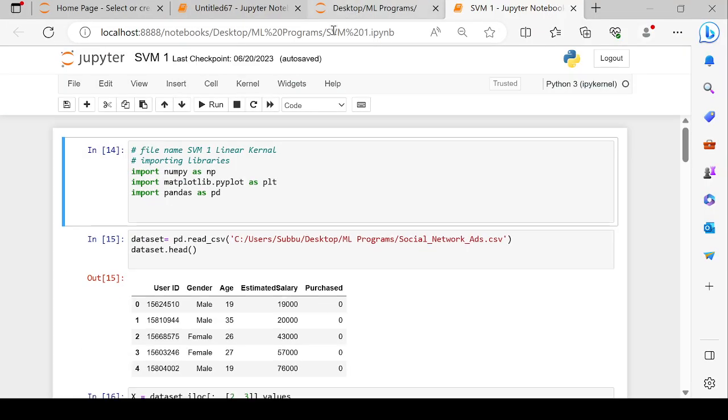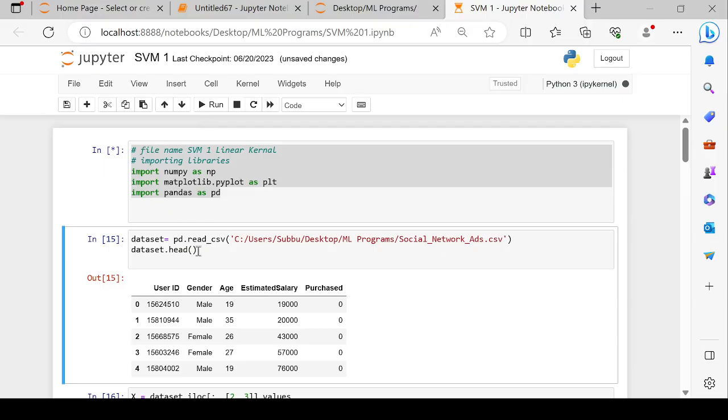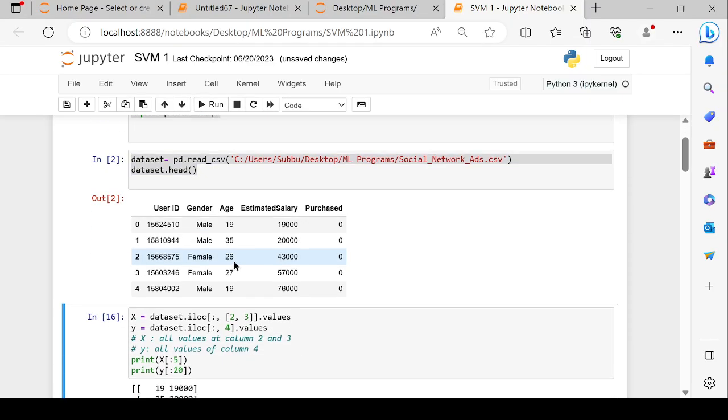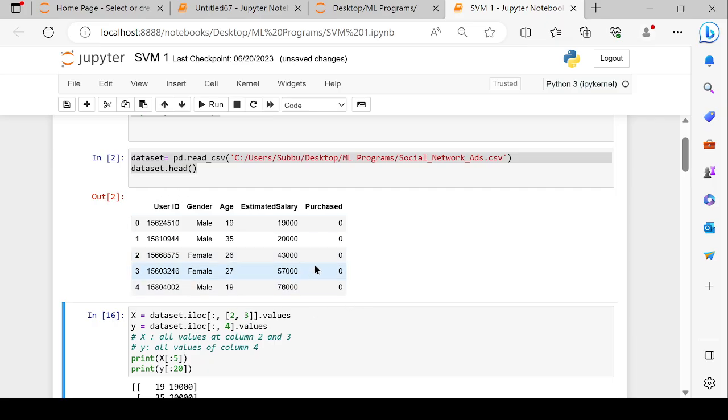What we do is import libraries. This is the linear kernel. We call it kernel; you will understand kernel in the next lesson. For the linear classifier, we basically import these three, and we are taking the social network ads data, and I'm printing the head, that is the top 5 points.